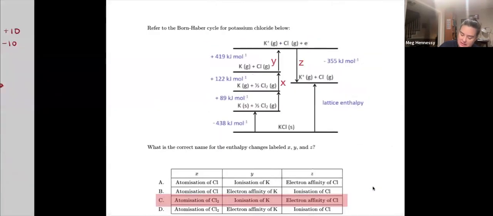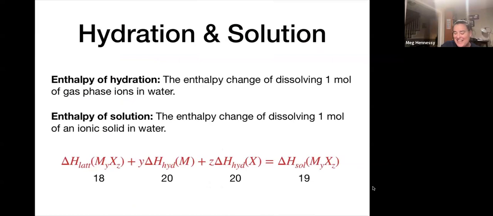Oh my goodness. The last enthalpy cycle I want to dazzle you with is about hydration and solution. So hydration is when we take 1 mole of ions and we dissolve them in water. So we might take something like chloride in the gas phase and dissolve it in water to make it chloride aqueous. These are all exothermic reactions.